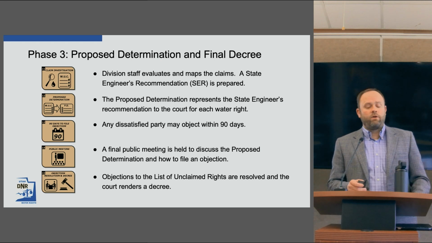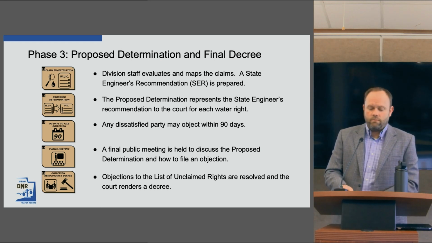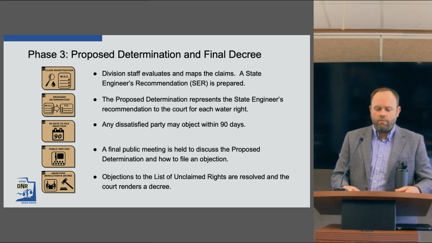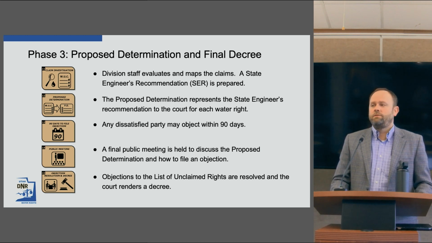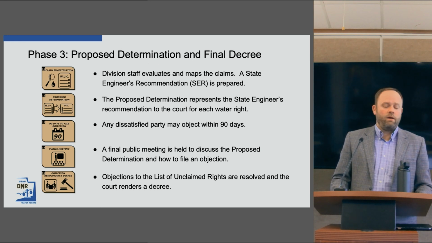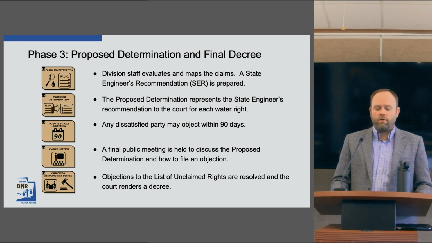All right, phase 3. Let me change my paper here. All right, this is the part where we probably have the most work to do in the state engineer's office. So we evaluate each and every water user claim in that geographical area, and we go out, we do a field review, and we're looking to verify the point of diversion, the place of use, the beneficial uses, and we ultimately come around and prepare what's called a state engineer's recommendation.